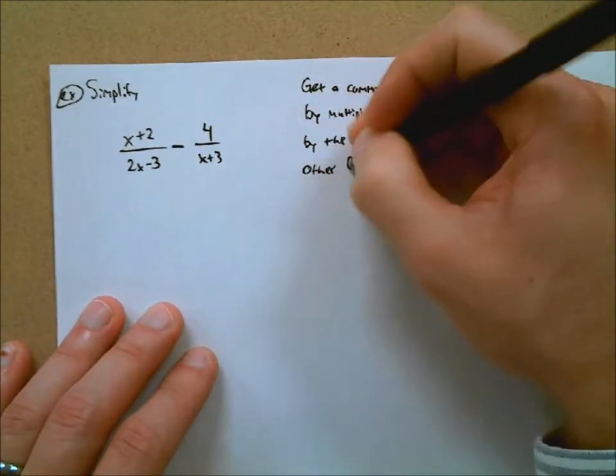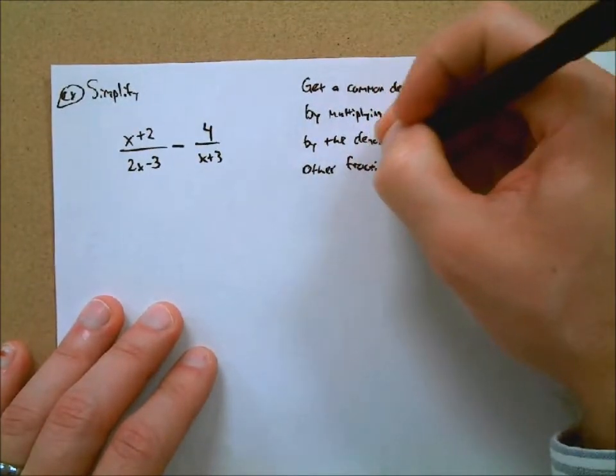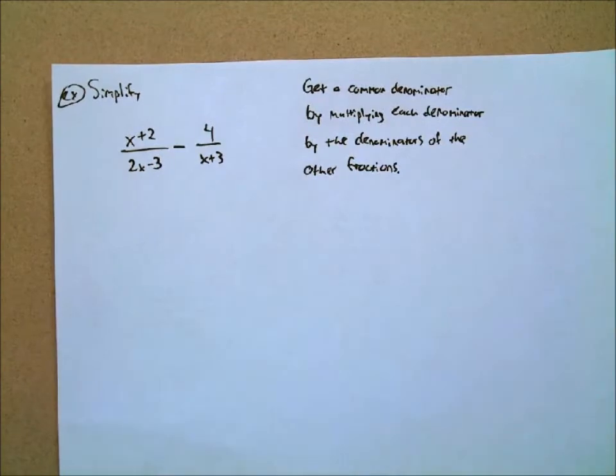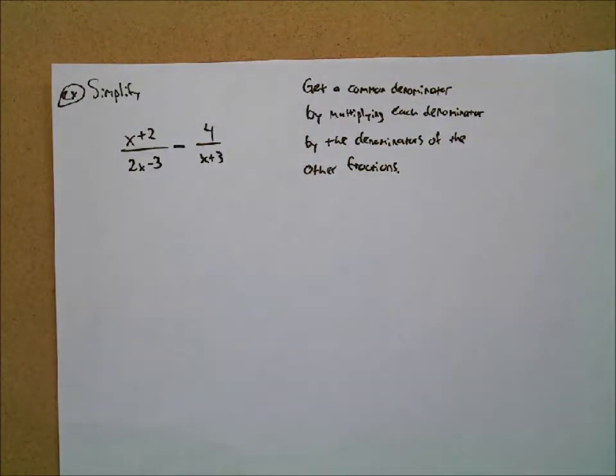This strategy always works. It can get unwieldy, though, especially with rational expressions. If you have 4 fractions and they all have different denominators, that can be a pain. But here we just have 2.